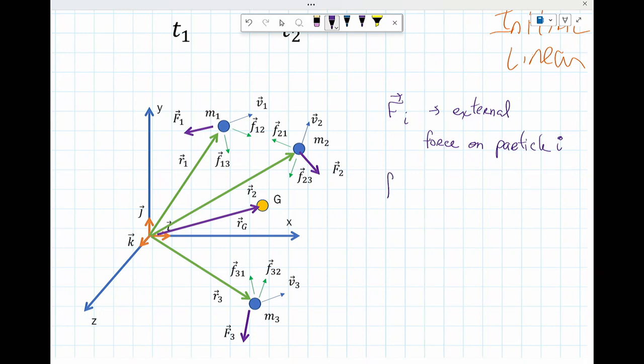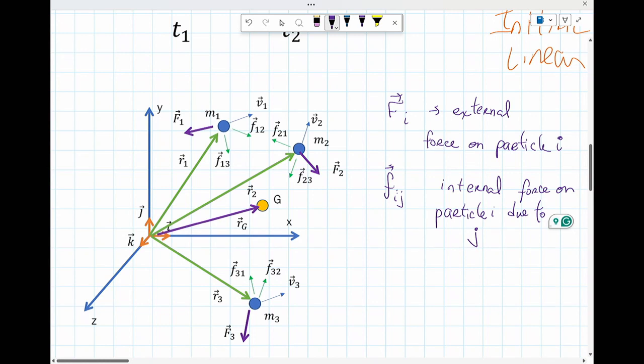Then I have F sub ij, which is the internal force on particle i due to particle j. So in this case I've got 3 particles, so I end up with 6 internal forces I have to deal with.